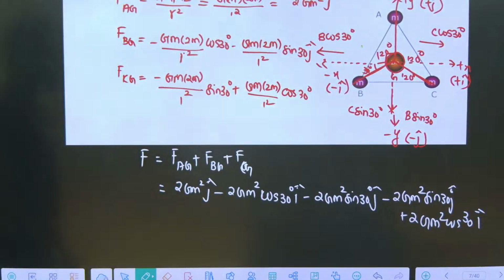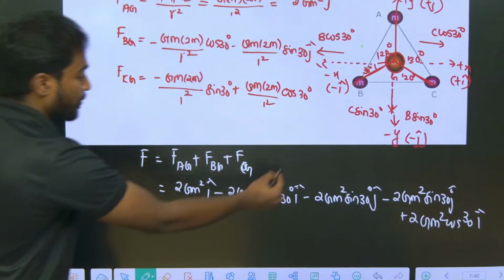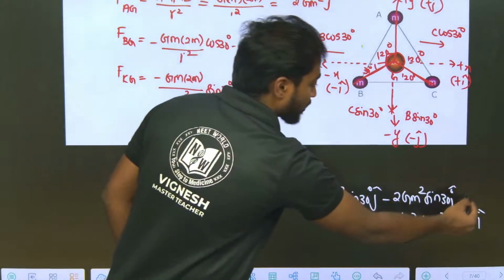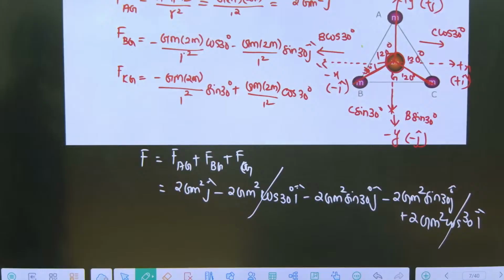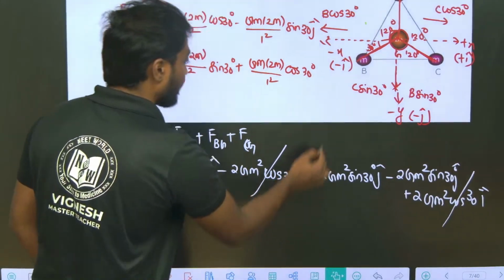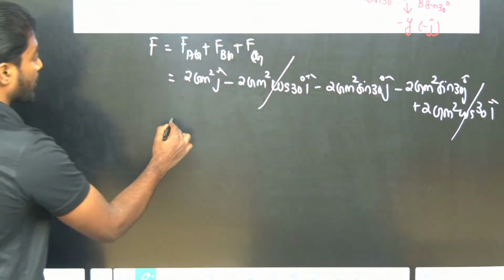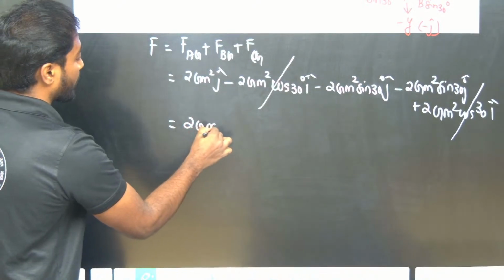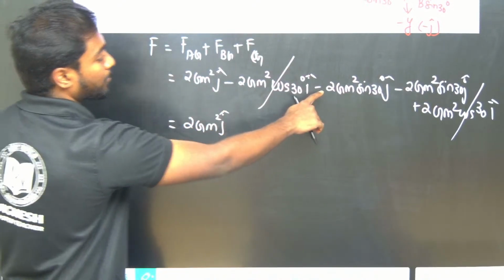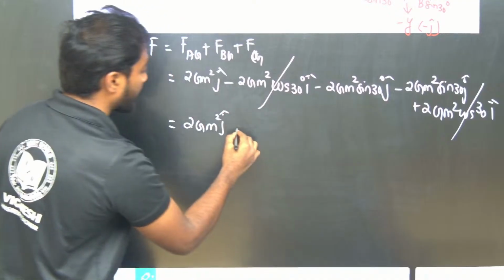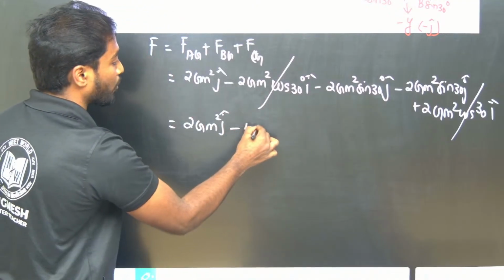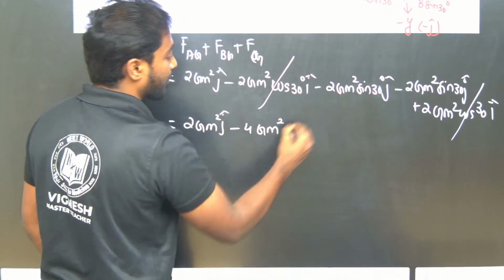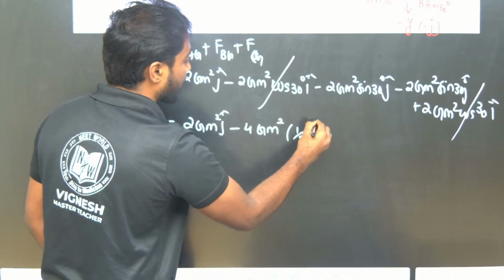So the 2G m square cos 30 degree terms get cancelled off, right. The remaining will be 2G m square j cap, and the minus terms add up: minus 4G m square sin 30, which is 1 by 2, times j cap.